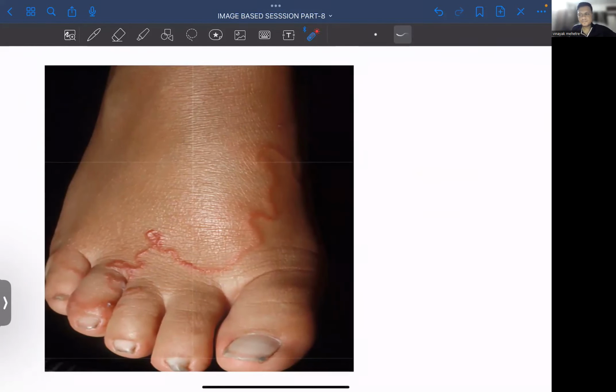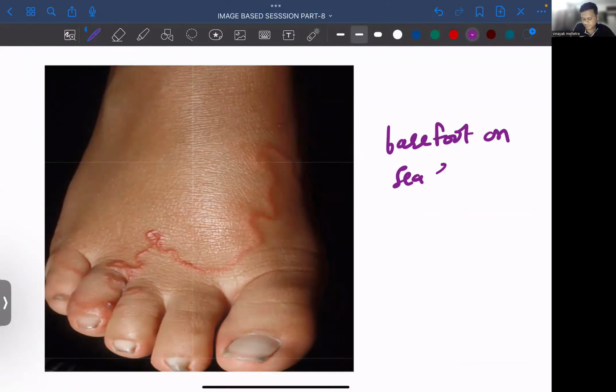Patient went barefooted on the seaside, and there is a lesion, a linear lesion. क्या बोलते हैं इसको? This is called as hookworm. हिस्ट्री क्या मिलेगी?